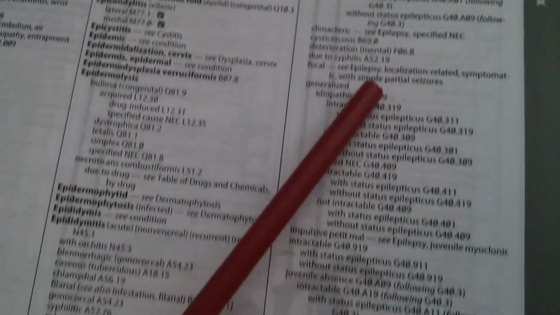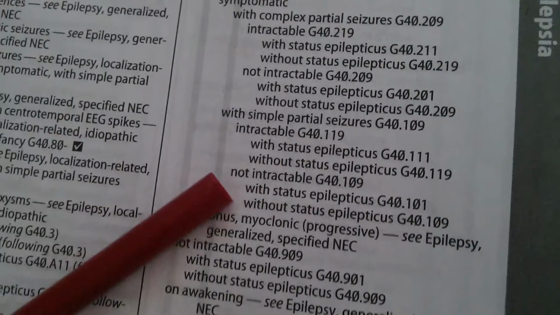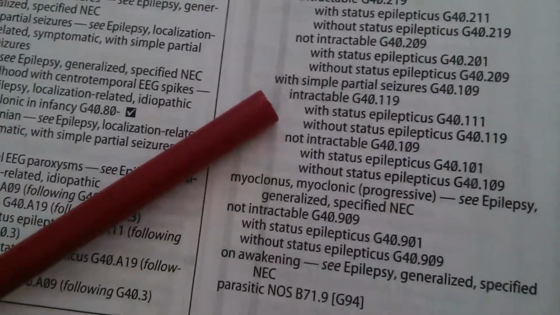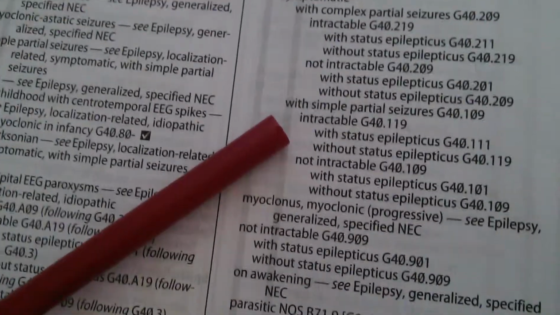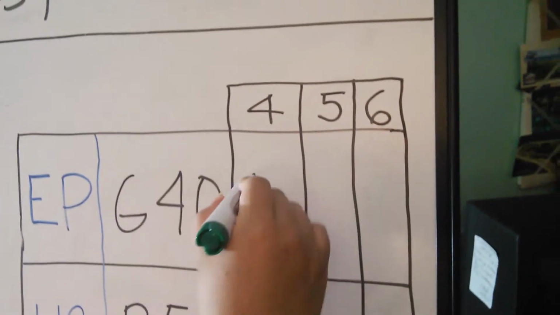All these instructions are just from focal. And from that, we get two choices, intractable and not intractable. Since one of the keywords we have is intractable, I think that's our code. So the code would be G40.119. Let's write that here. G40.119.